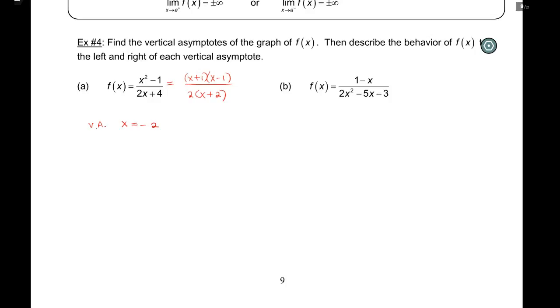By the way, does this have any horizontal asymptotes? No, because the numerator has a larger degree than the denominator. Now I want to describe the behavior to the left and the right of each vertical asymptote. So I want to look at -2 from the left.